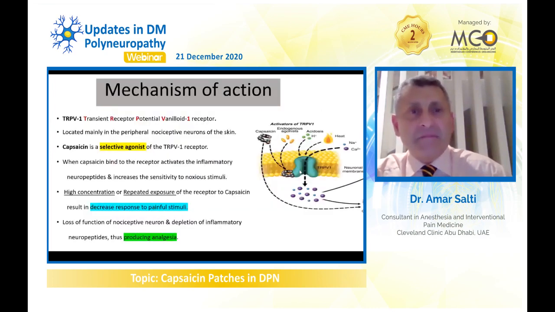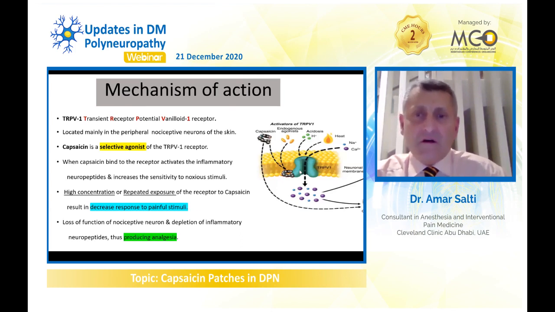This allodynia is managed by capsaicin, Qutenza, which acts on the TRPV1 receptors, transient receptor potential vanilloid 1 receptors. Capsaicin is a selective agonist of this receptor. It activates the receptor, releases inflammatory neuropeptides, and increases sensitivity to noxious stimuli.